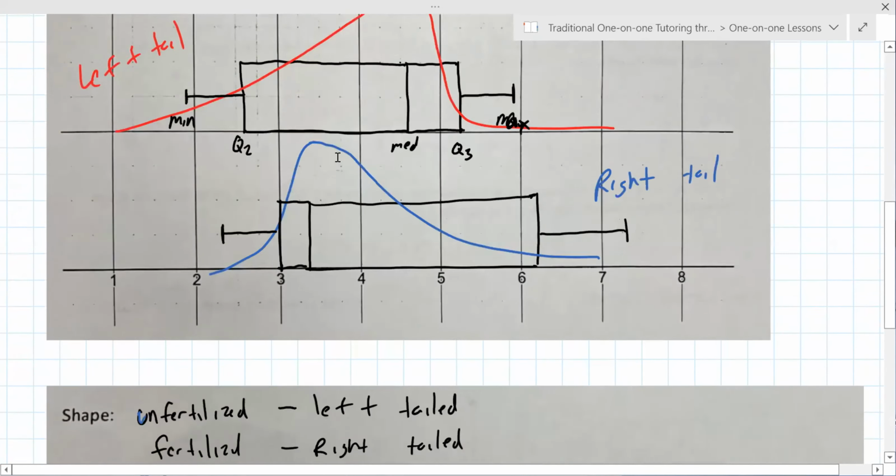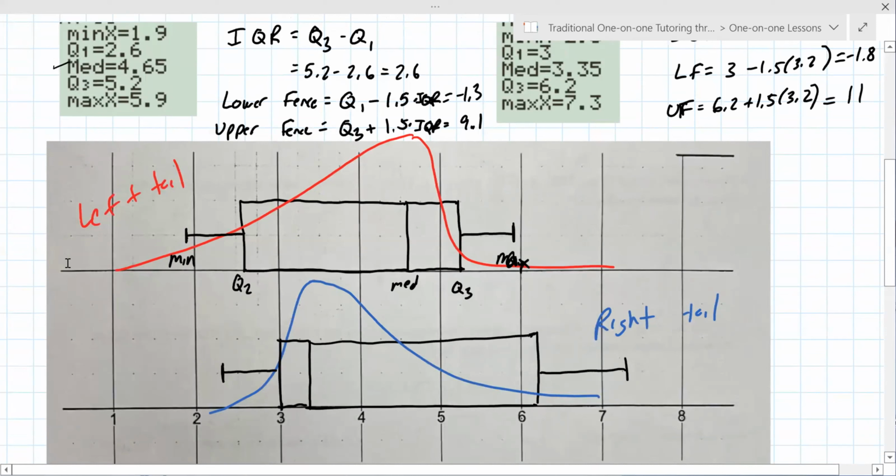So let's go back and look at the graphs. The unfertilized has a higher average, but you could also have a really bad output. But it's really not that different in terms of the mins.